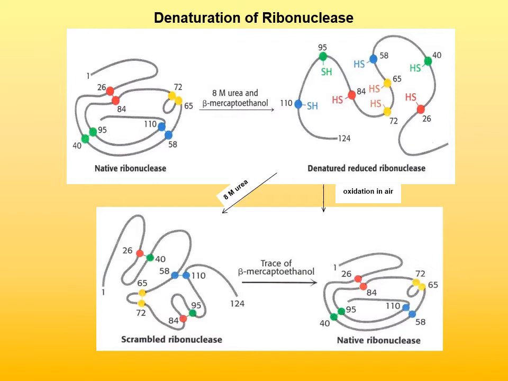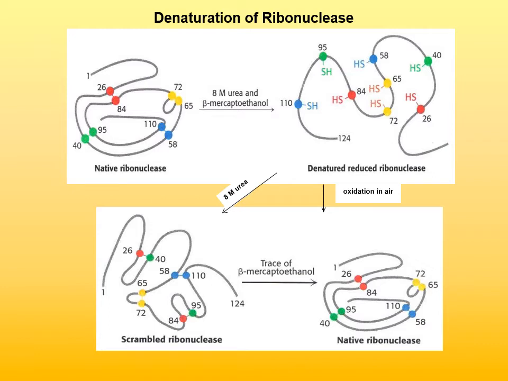And in this case, by treatment with beta-mercaptoethanol and another denaturing agent that will break up intermolecular interactions, such as 8-molar urea, chain is completely denatured. It completely loses activity, and obviously, as you can see from this scheme, is in the form of random coil.